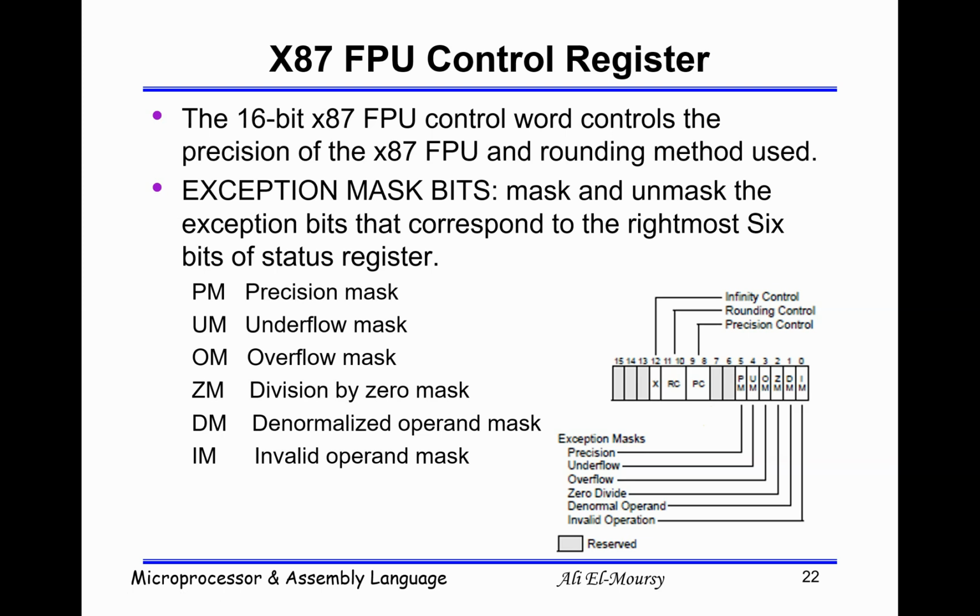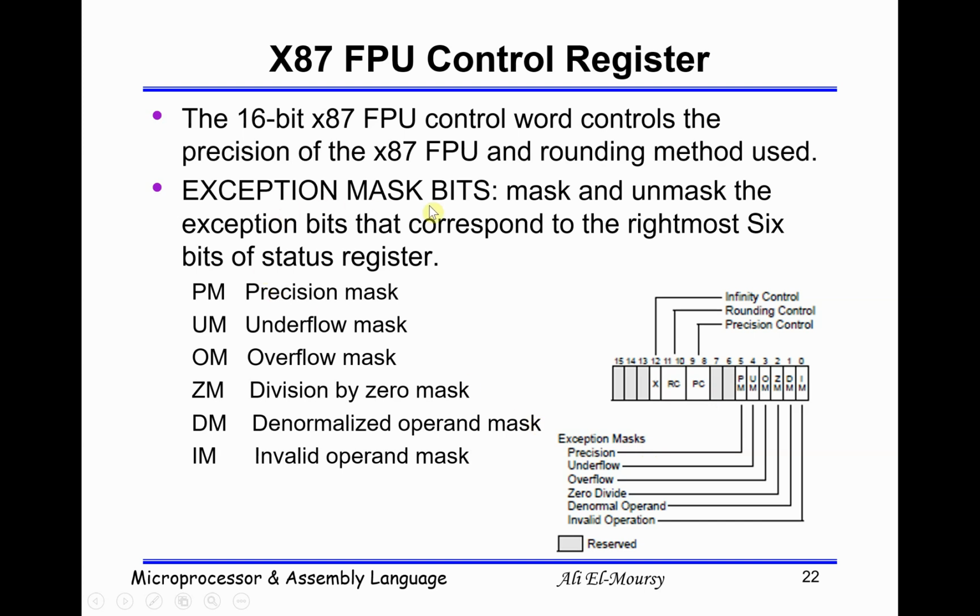So actually the user can adjust the values of the bits here in order to configure the x87 machine to do some specific behavior. There are three main fields that we want to discuss in the control register here: the RC, the PC, and the exception masks.